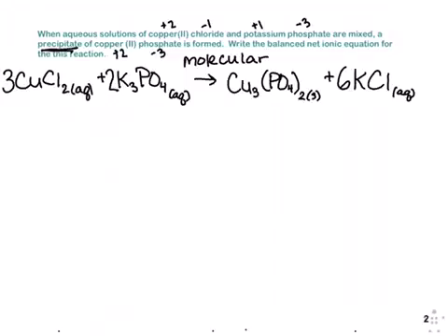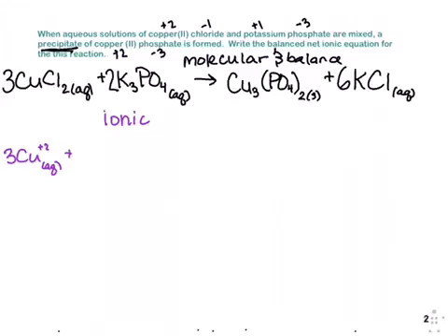All right, so you write the molecular formula, then you have to balance the molecular formula. Then step 2 is write the ionic equation. So you start with 3 copper, and copper was +2, and it's in the aqueous state. This is a lot of things you got to remember for just one ion.